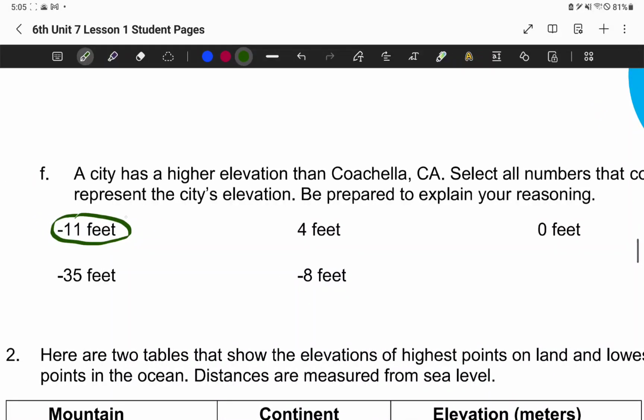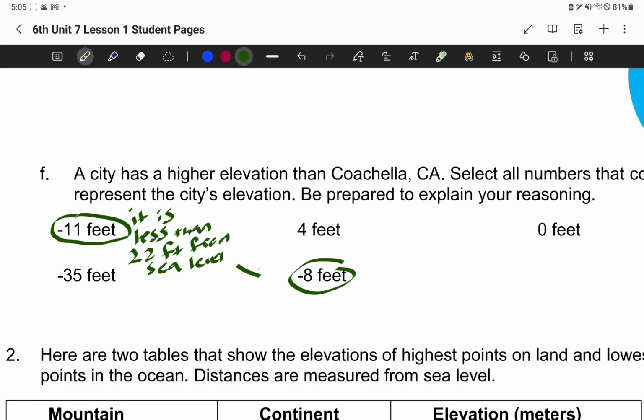So it is less than 22 feet from sea level. And that works for this one as well.